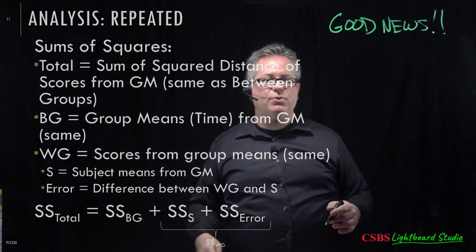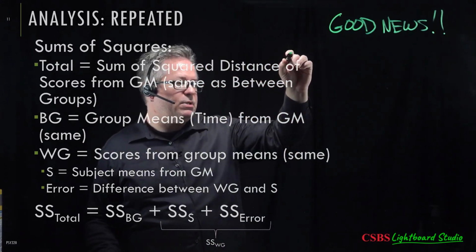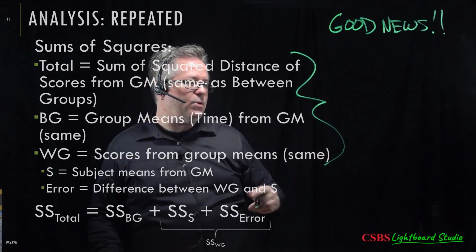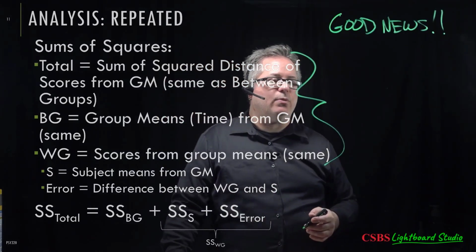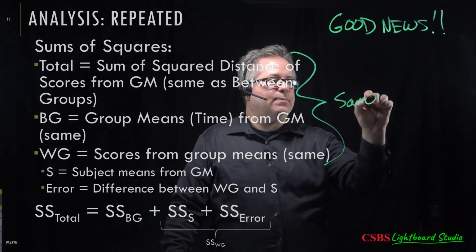That's the huge good news. And actually, even the sum of squares within groups is the same. So we're still going to deal with those things. We're just going to have to deal with one extra step that we didn't do before in a one-way between. So the good news is these essentially stay the same.